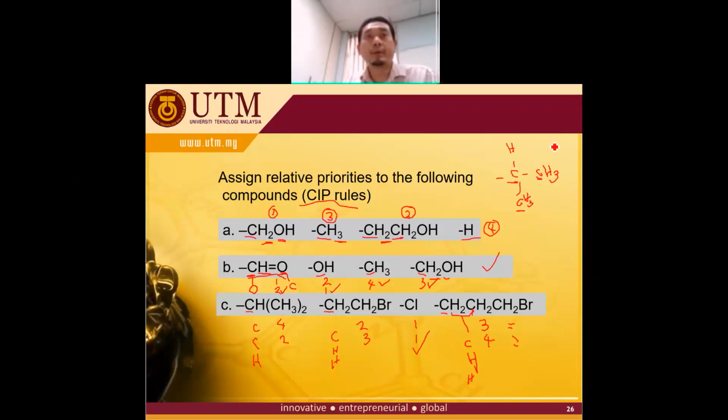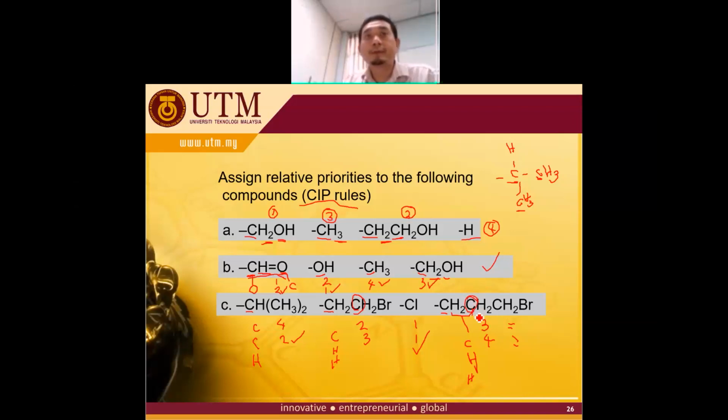So we check the highest one: carbon, carbon, carbon, then carbon, hydrogen, hydrogen. So this one we get number 2. And then these two are a draw: hydrogen, hydrogen, hydrogen, hydrogen. If draw, we need to look at the next atom, this carbon and this carbon.